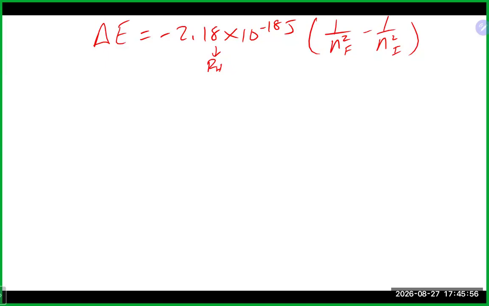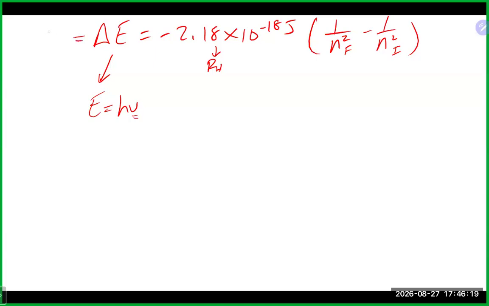This equation, which is the change in energy, does tie into the same energy equation that we saw before. So if you have a problem like this, where you have just the energy levels given to you of an electron transferring, you can figure out, for example, the frequency of that energy coming off by tying that in.